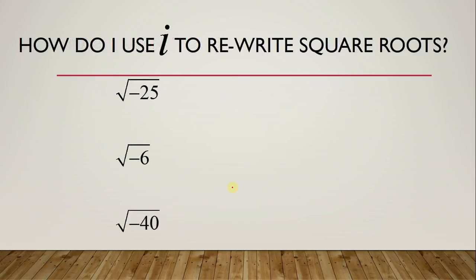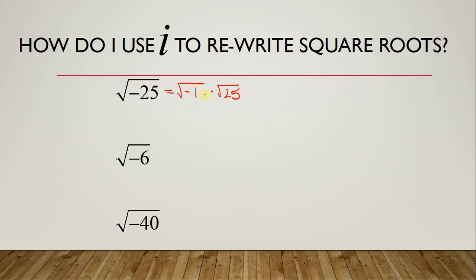So how are you going to use i to rewrite a square root? Well, what you're going to do first is break down a square root. So I have the square root of negative 25. And notice, guys, that I'm first going to make it the square root of negative 1 times the square root of 25. That's a legal move.